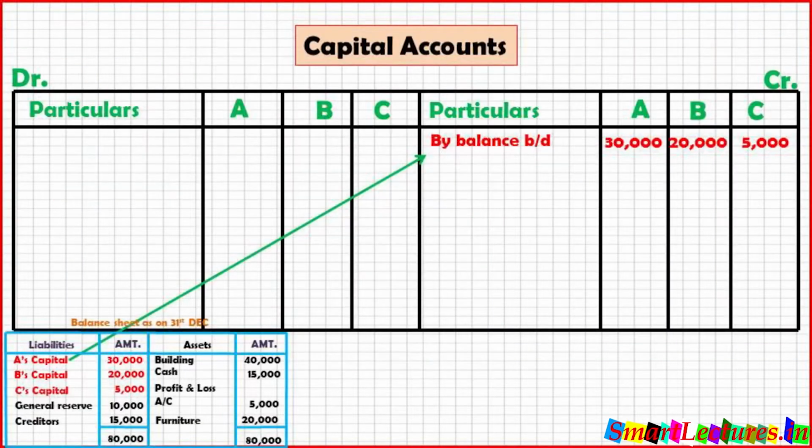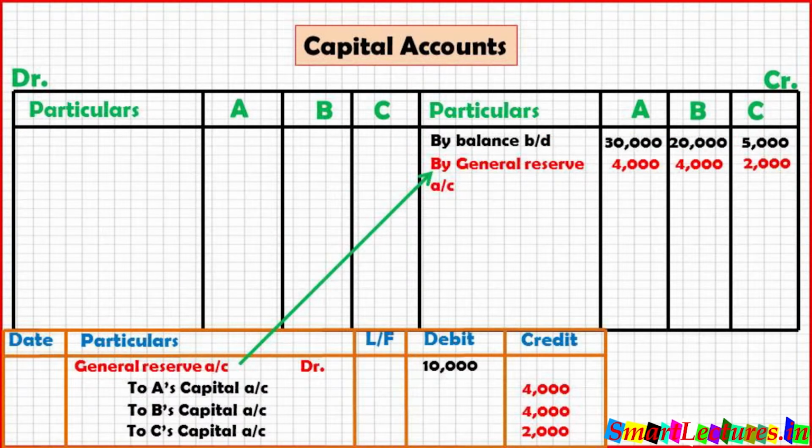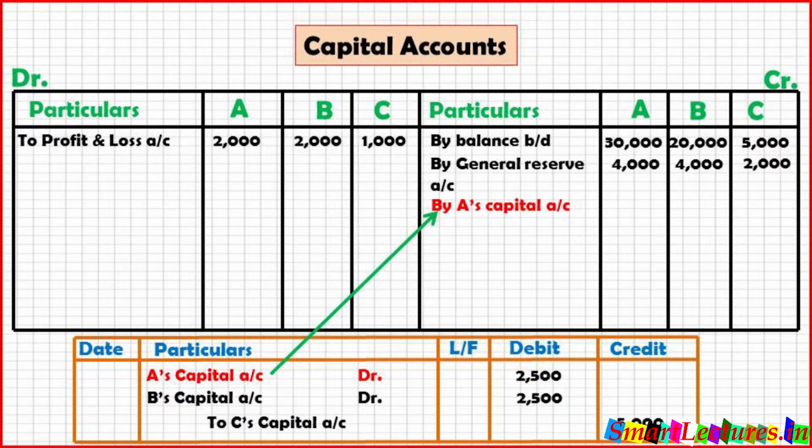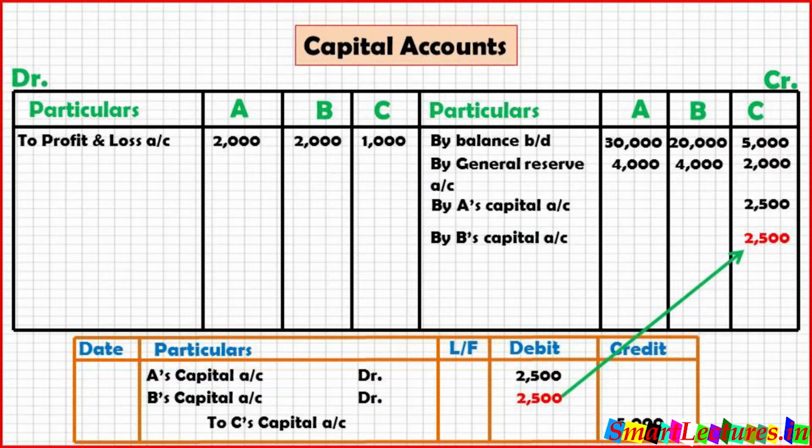Capital accounts. By balance BD 30,000, 20,000, 5,000. By reserve fund 4,000, 4,000, 2,000. To profit and loss account 2,000, 2,000, 1,000. By A's capital 2,500 in the C's column. By B's capital 2,500 in the C's column. And write down goodwill account in the inner column for the convenience.